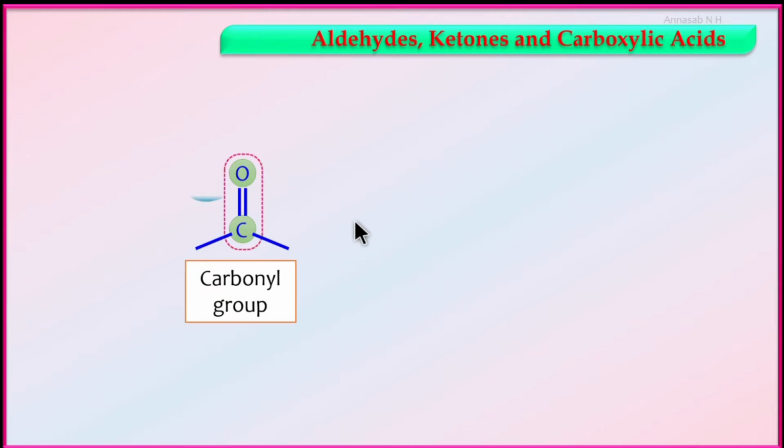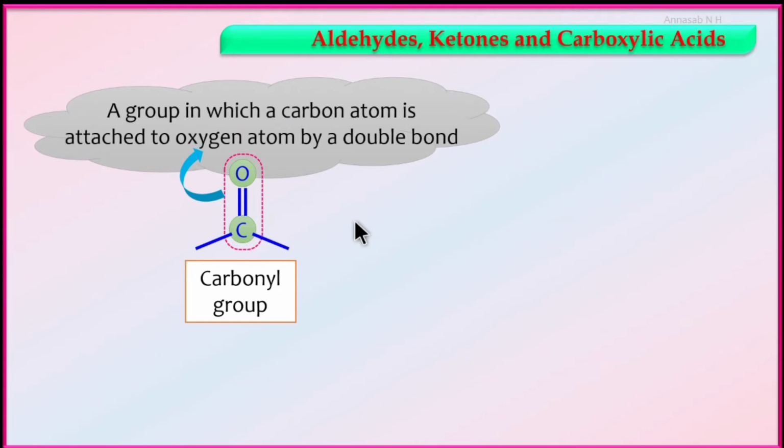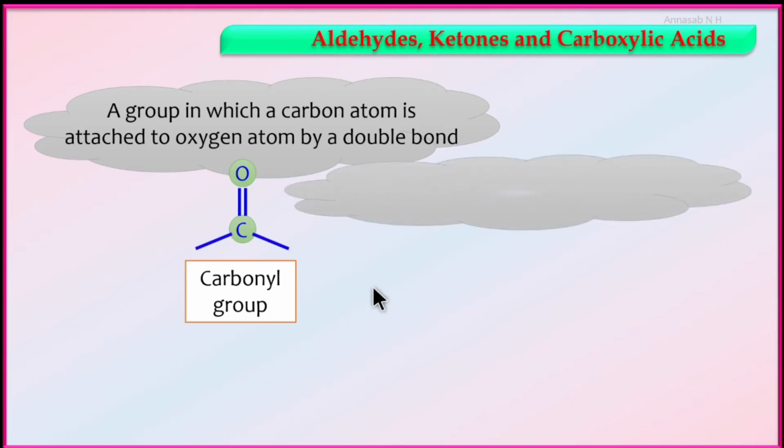In this carbonyl group, carbon is double bonded with the oxygen atom and there are 2 free valencies, which are going to decide whether the compound belongs to aldehyde, ketone or carboxylic acid.